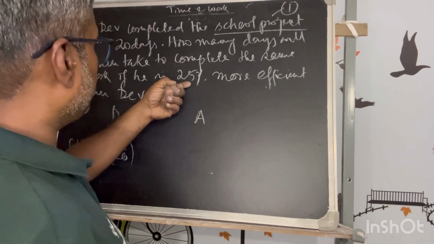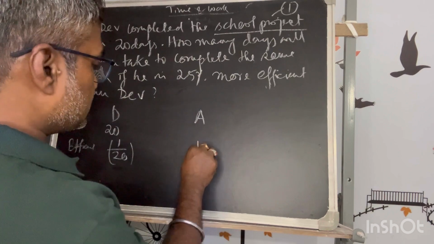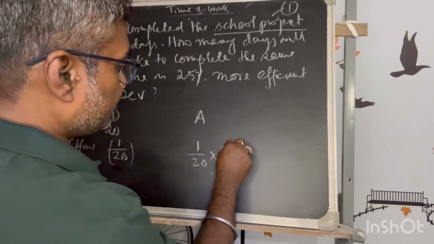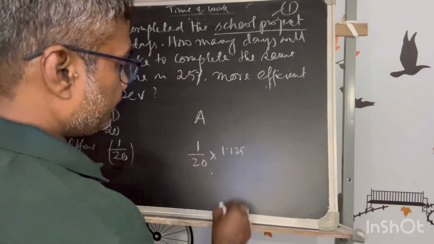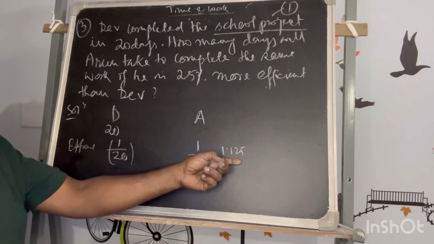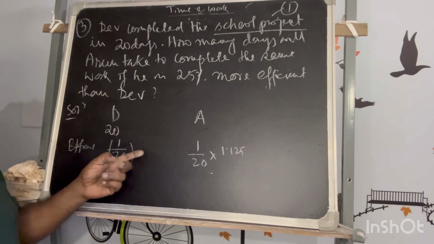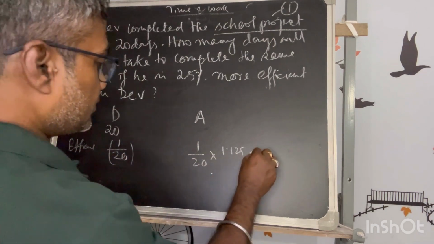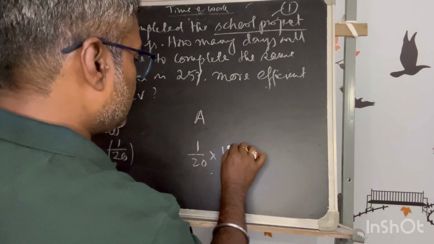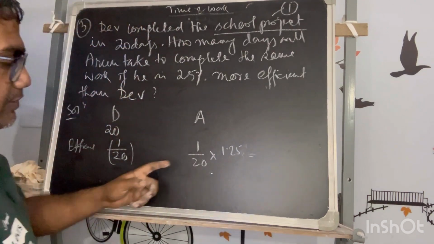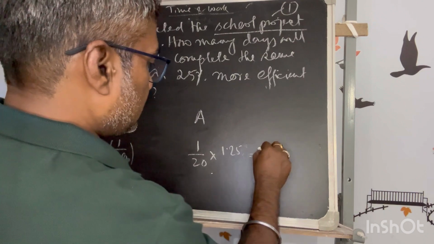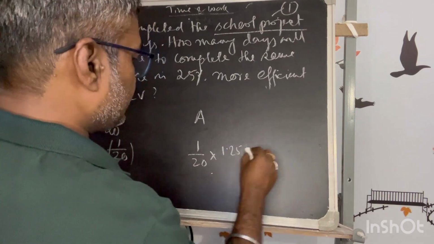Arun's is 25% more, so 1/20 into 1.25. Not 125, 1.25. So 1.25 is nothing but 125/100.